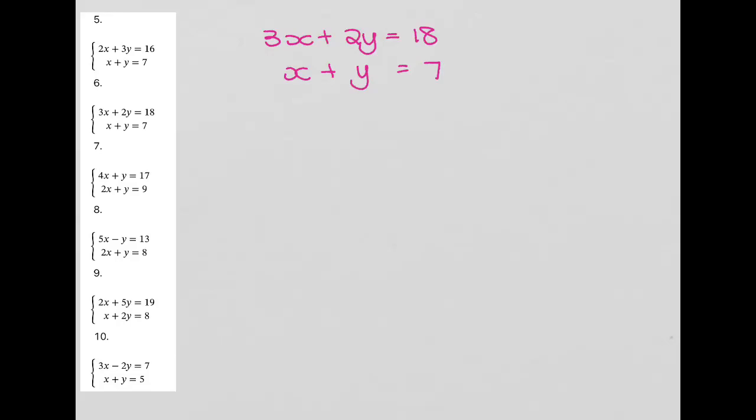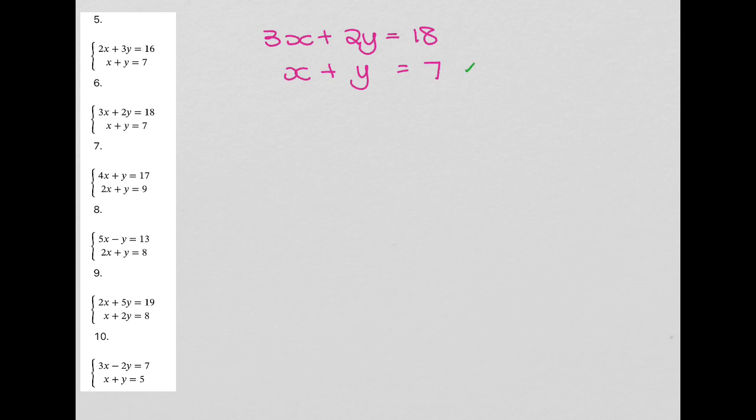So again, just like question 5, nothing matches yet. I've got a 3x and an x, a 2y and a y. So they don't match yet. But you can choose what you want to match. Are we going to make the x's or the y's? I tend to make whatever is easiest. So in this case, I'm going to make the y's match because I like multiplying by 2.